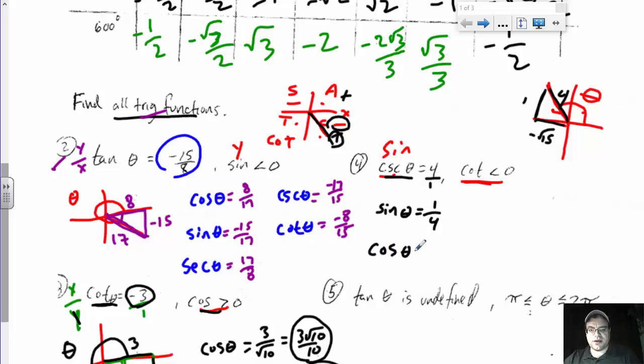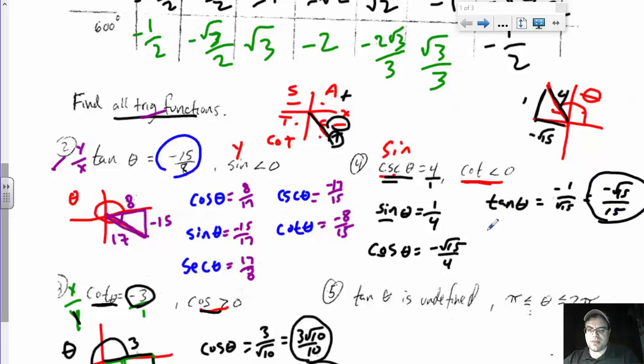So we're going to say cosine theta is x over r, so it's going to be negative root 15 over 4. Okay, so I have 3 of them. I have cosecant, sine, and cosine. Let's go ahead and do tangent. This will be y over x, we'll say, is negative 1 over root 15, which is the same thing as negative root 15 over 15 when we get rid of the radical on the bottom.